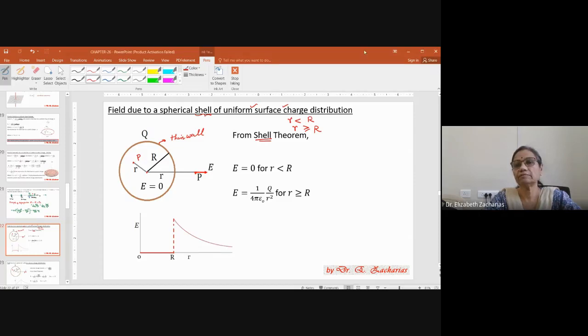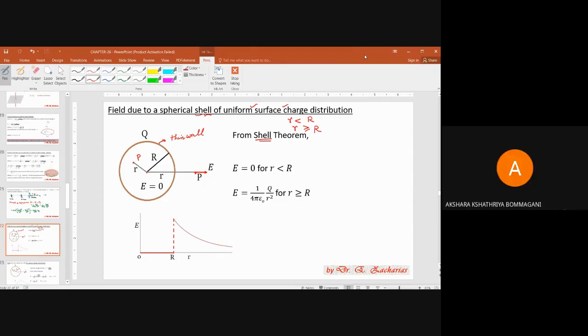Akshara? The force exerted by a spherical shell with uniform charge distribution on a charge inside the shell would be 0. Yes.